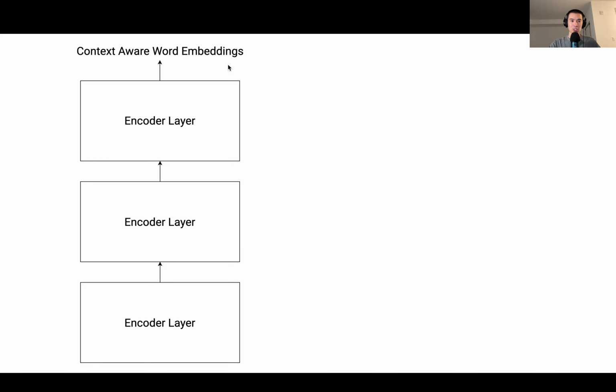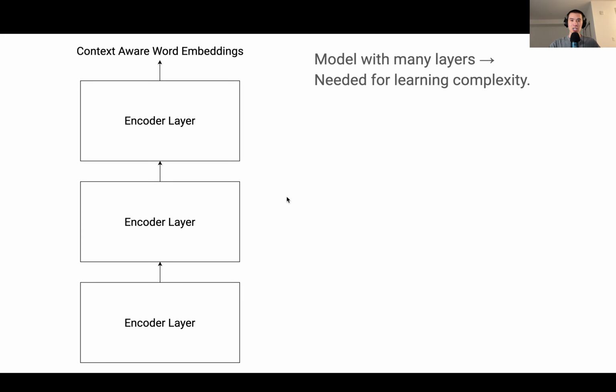If you're asking yourself, why do we want multiple encoder layers? The answer is a model with many layers is needed for learning complexity, right? But even though we need more layers to learn complexity, there's going to be two issues that can arise.